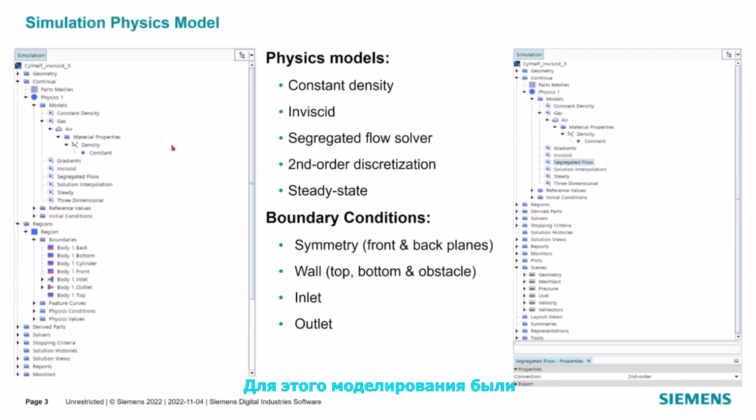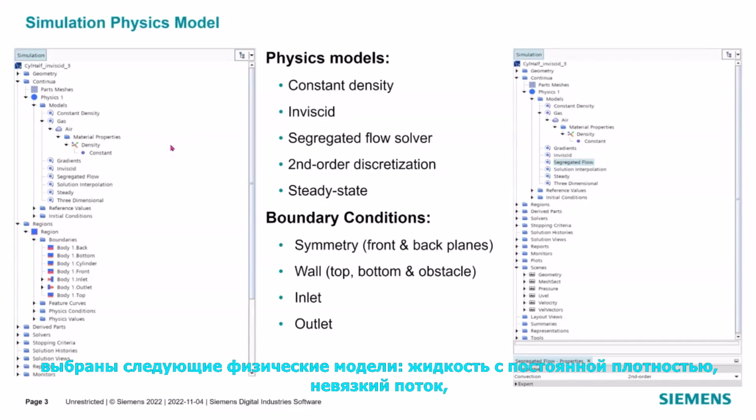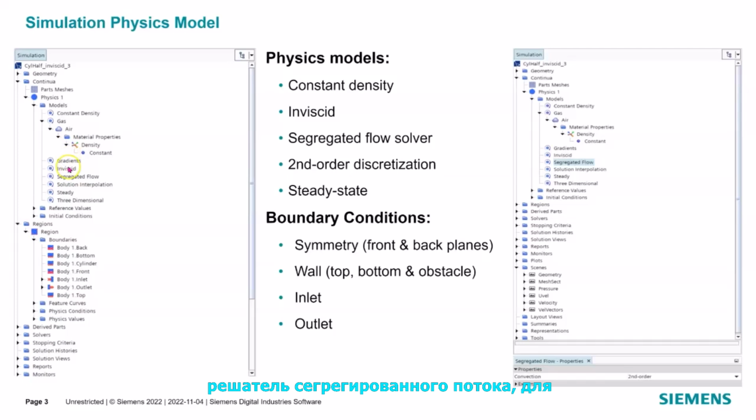The physics models selected for this simulation are constant density fluid, inviscid flow, and segregated flow solver, for which we need to choose the convection scheme, which is here selected as second order, and steady state flow. The following boundary conditions were imposed at the solution domain boundaries.